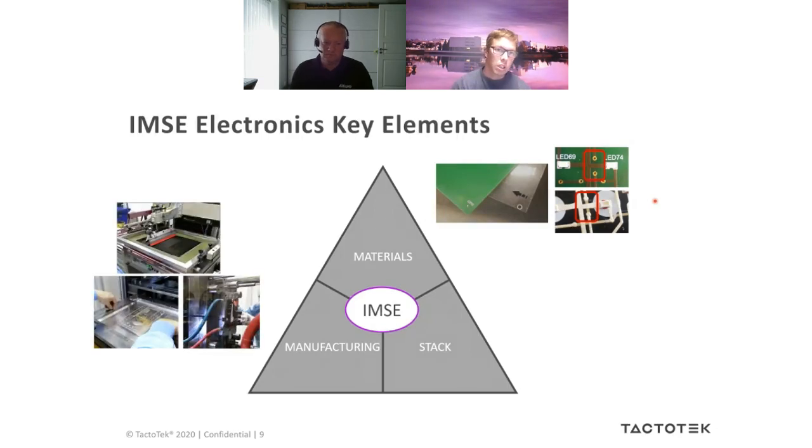On the manufacturing side, we have different methods to make electronics. As I said, traces are printed by the screen printing method. Also others can be used. We use conductive inks and dielectric inks for creating the electronics.